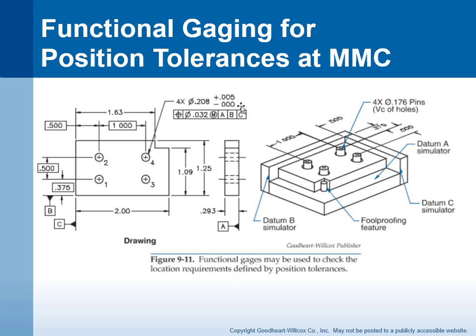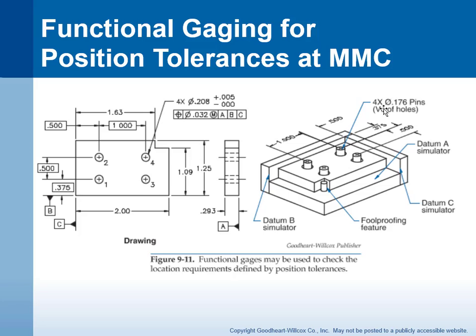That means our maximum material condition is 208. So if we take the 208 and we subtract from it 32 thousandths, we get a virtual condition of 176 thousandths. So this is a functional gauge here, demonstrating how a functional gauge is used to inspect the location of the holes on this part.